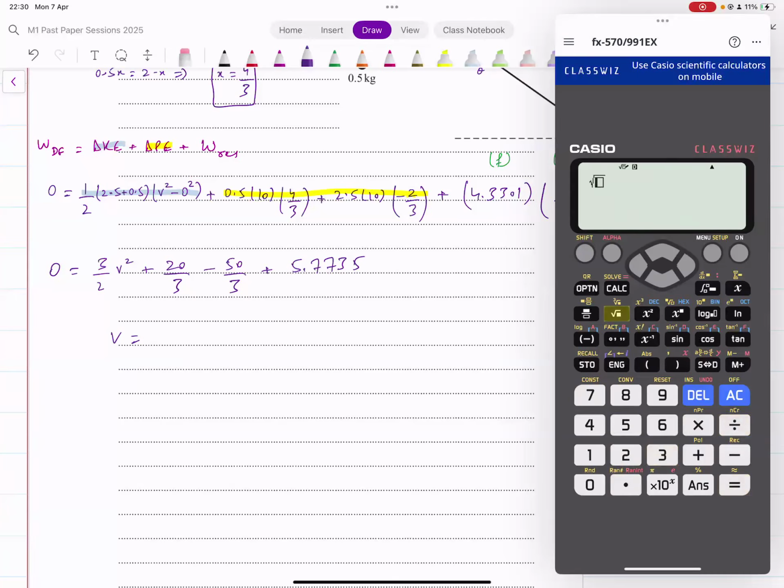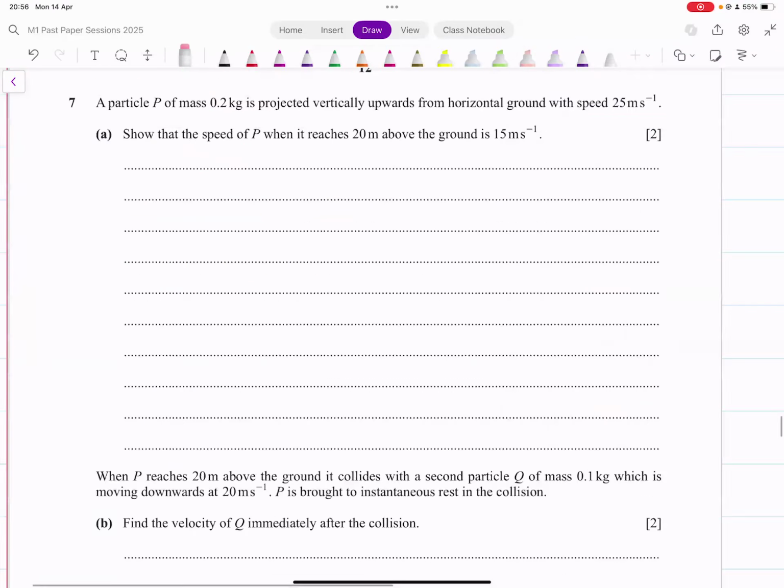Is that correct? 1.6785? 1.6786, and that rounds off to 1.68 meters per second. Let's look at question number 7 now. That's the next one that you asked about.